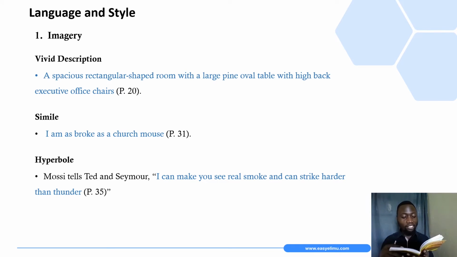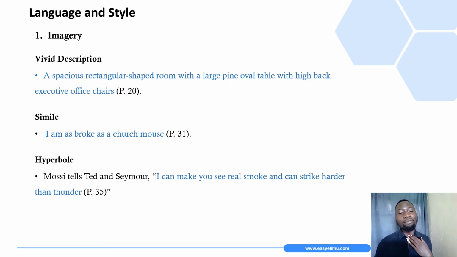Up to that point, how the boardroom has been described, using some of the adjectives, shows that it is a description that can make the reader come up with a visual image of that room in their head without seeing it physically.